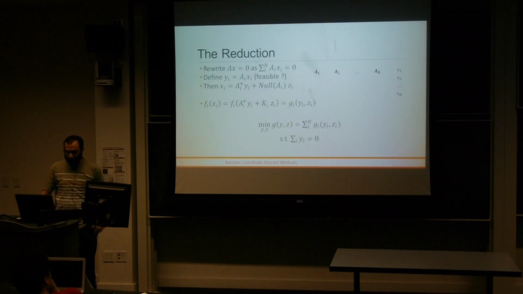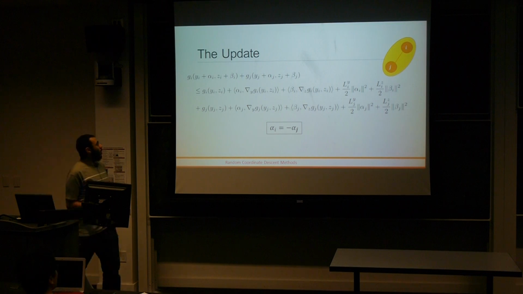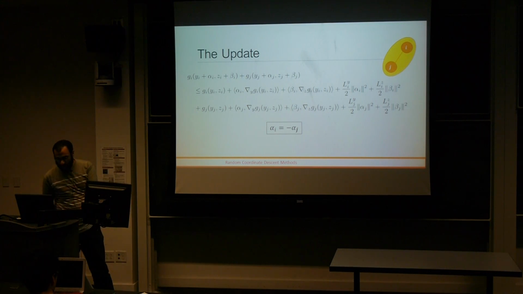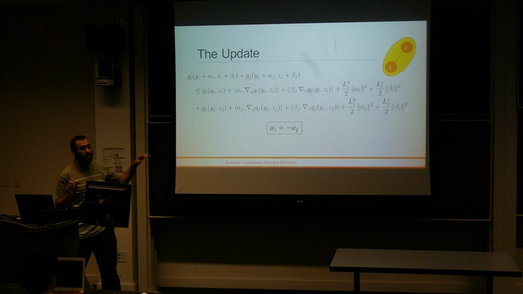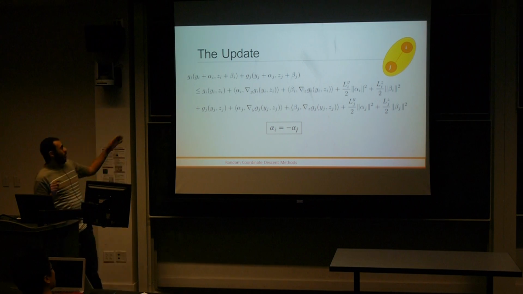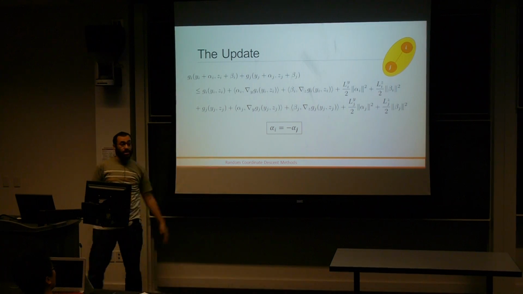Okay. So given that, we can upper bound the difference in our objective function if we pick a pair i and j, and basically change y_i by alpha_i and z_i by beta_i, and the same for j.